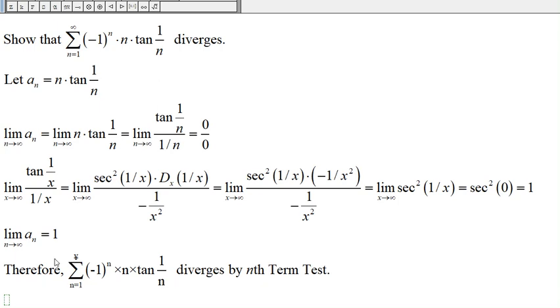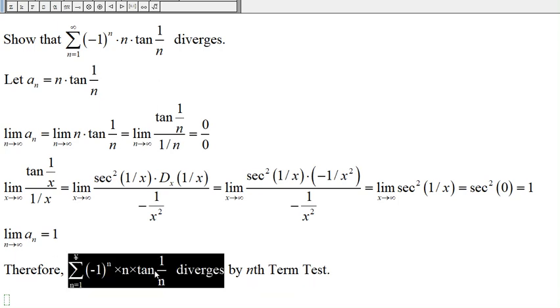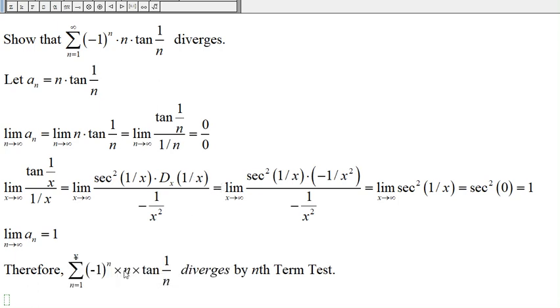And again, the nth term test says that if the limit of b sub n does not go to 0, then the series diverges. And so we have shown that the limit of b sub n is not equal to 0, and therefore this series here diverges by the nth term test.